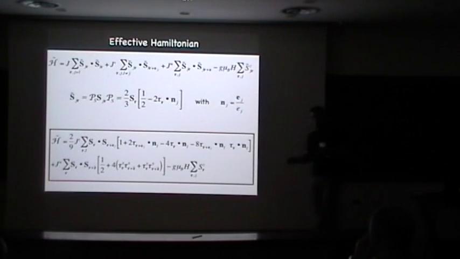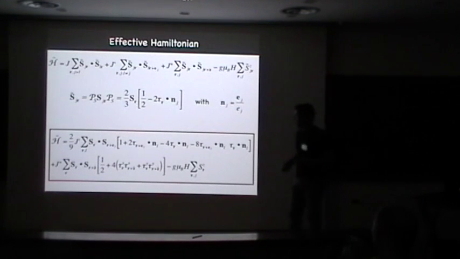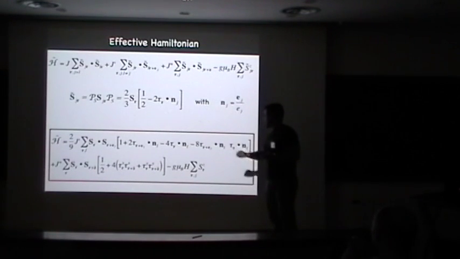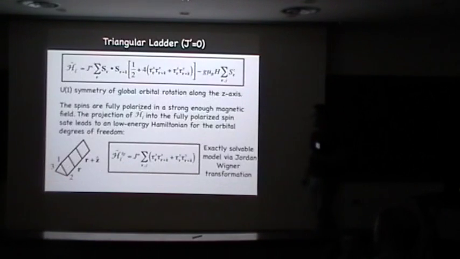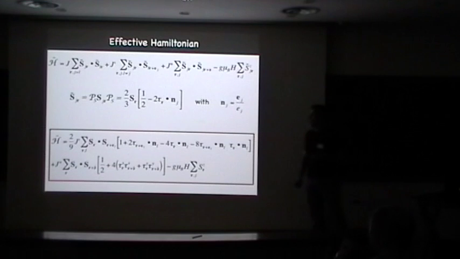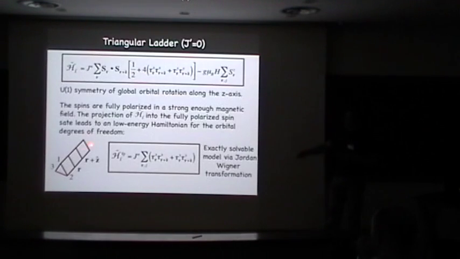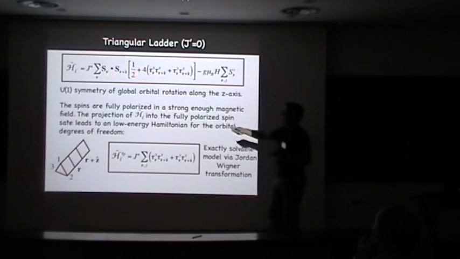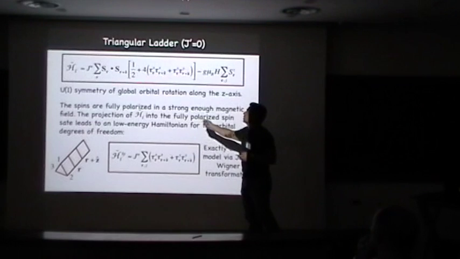So, yeah, it's not common to have continuous symmetries with orbital models, but sometimes they appear, at least at some level of approximation. And so now, if we assume that J prime is equal to 0 for a moment, then we get essentially a model for this ladder of triangles stacked one on top of each other. And we get a very simple model indeed, right?